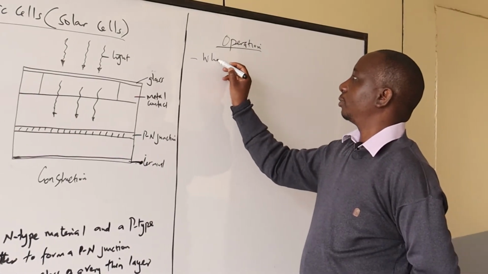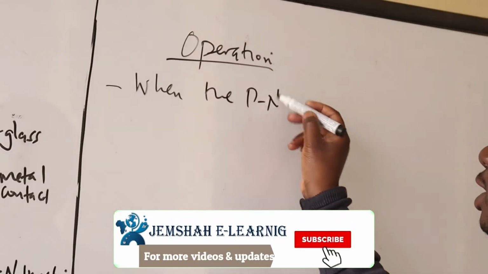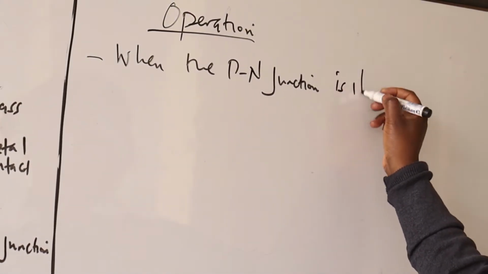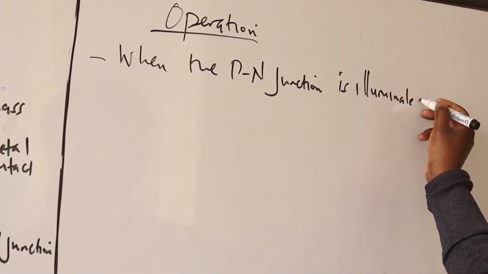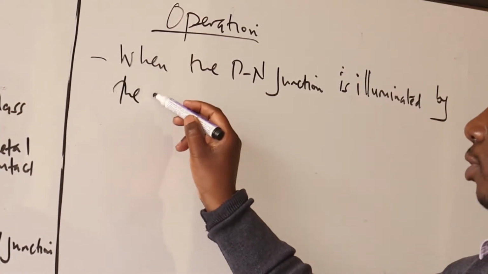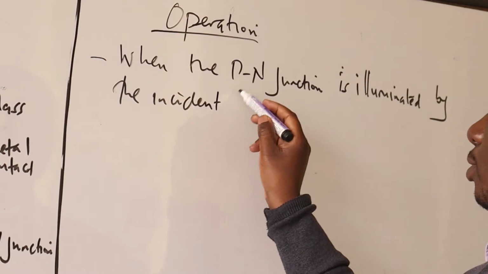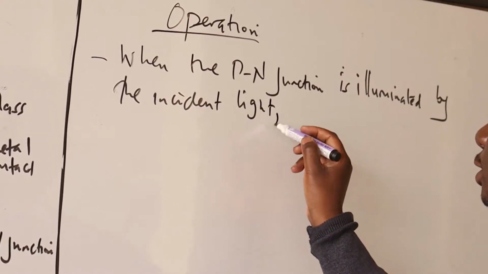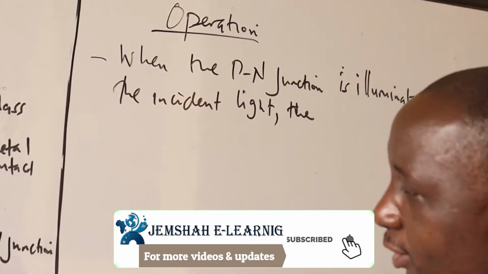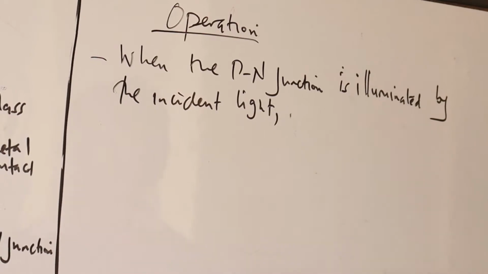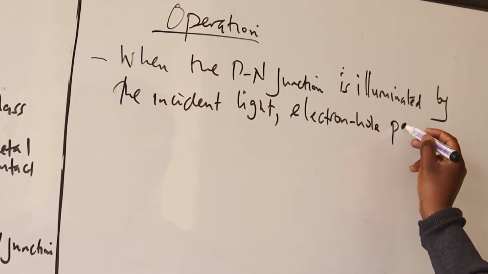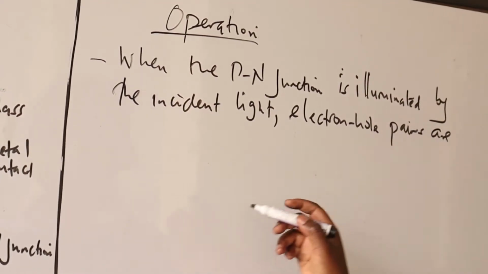So the first statement we have is that when the PN junction is illuminated by the incident light, electron hole pairs are generated.